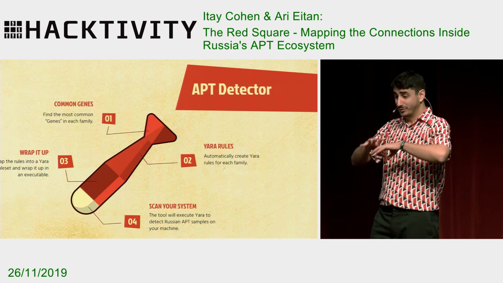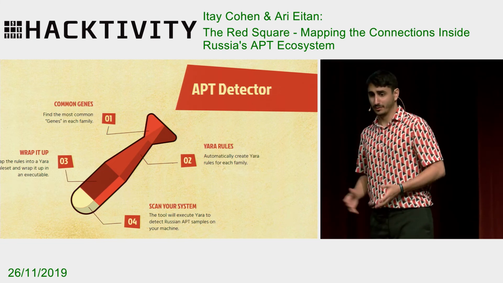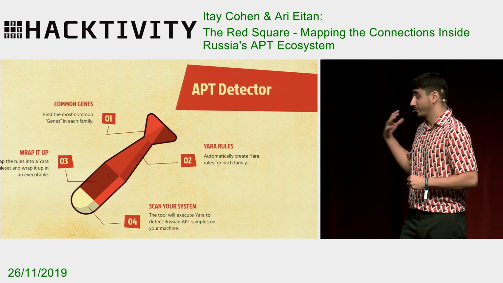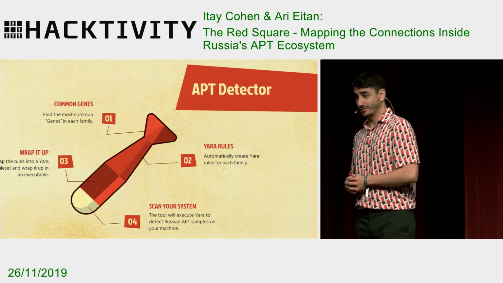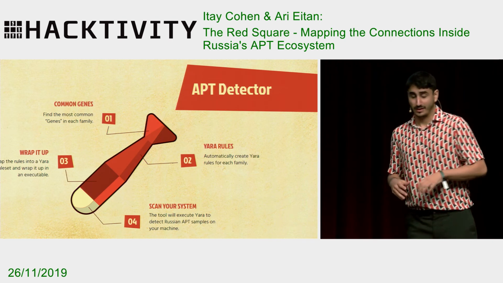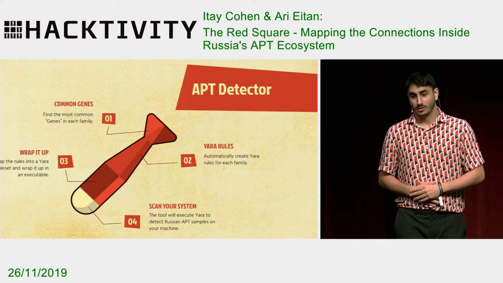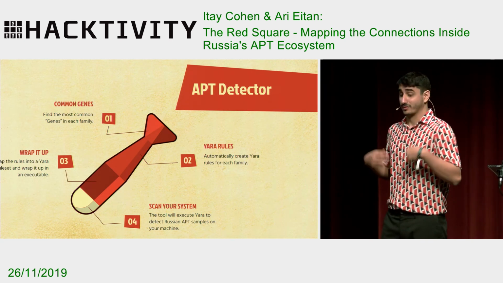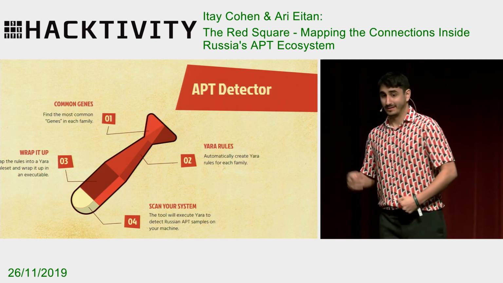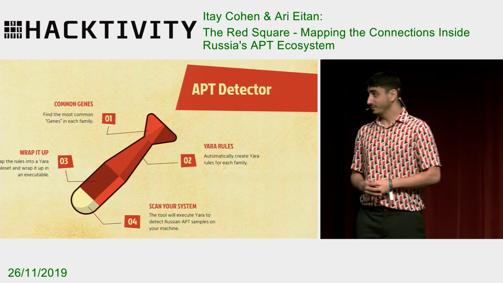We took all these Yara signatures for all these families, put them in a Yara rule set, and wrapped it up together in a Python script and executable. And we are sharing with you this tool so that you can scan your system, your files, against known and unknown Russian APTs.